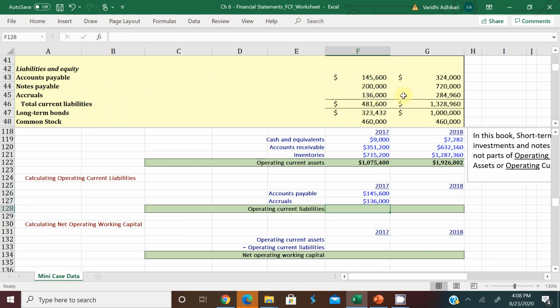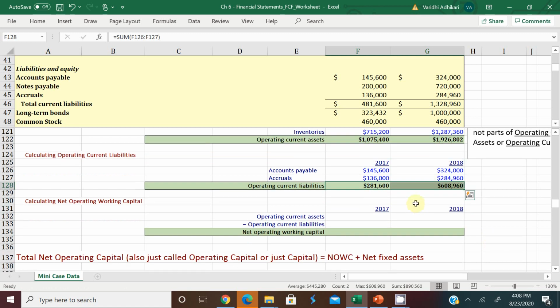I could drag them down, but I have to skip a line here. Then I can drag it across for 2018. The sum, this time I'll type in sum and make sure I only include these two items. All right, so 281 for 2017 and much more, $608,000 for 2018.